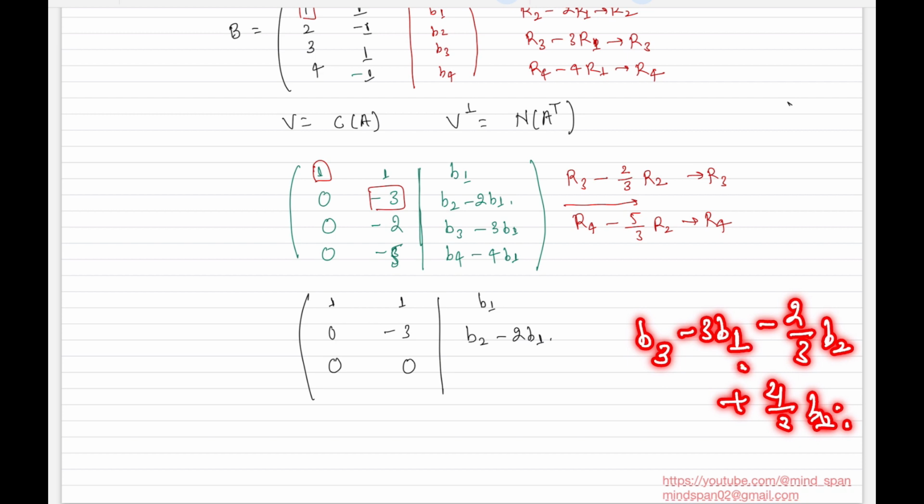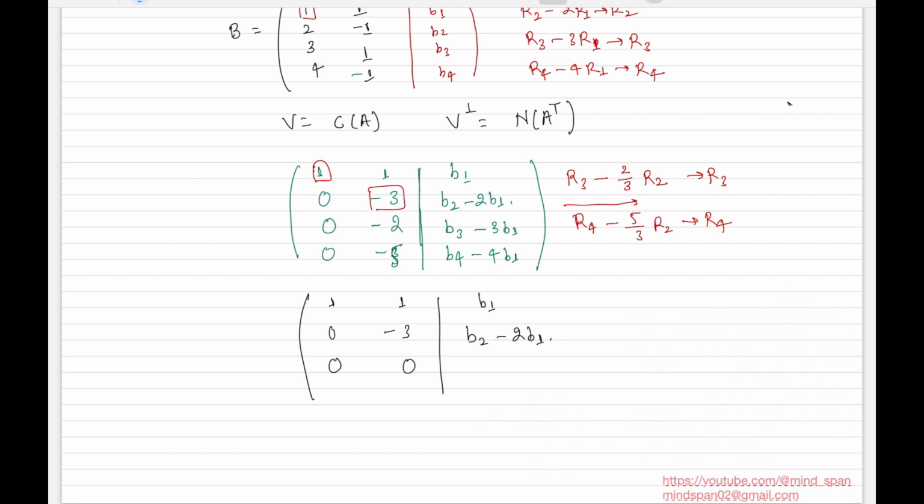So 9 minus 9 plus 4, that we are going to get is 5 by 3 b1 minus 5 by 3 b1 and minus 2 by 3 b2 and plus b3, right? So minus, okay, so we will have here minus 5 by 3 b1 minus 2 by 3 b2 and plus b3, right?